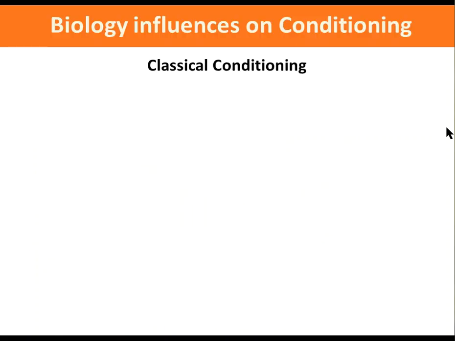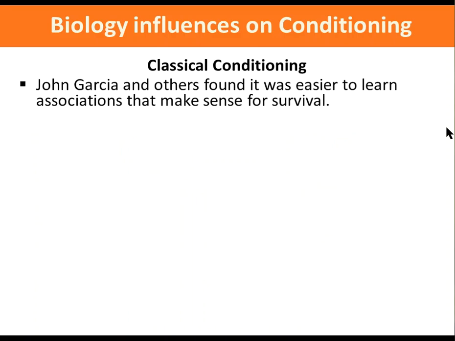Now, biology's influences on conditioning. Real quickly, classical conditioning. John Garcia and others found that it was easier to learn associations that make sense for survival. So we're sort of already pre-programmed to learn certain types of conditioning because they aid us in our survival.